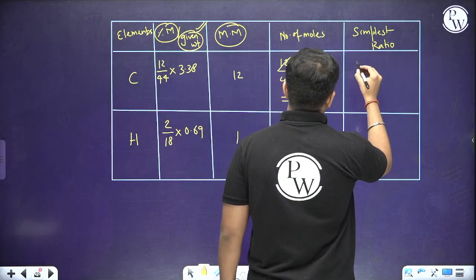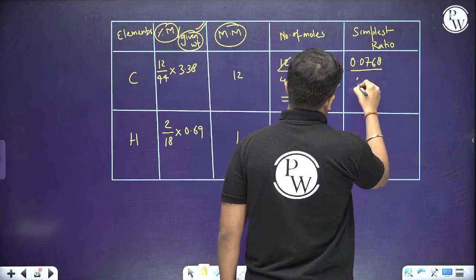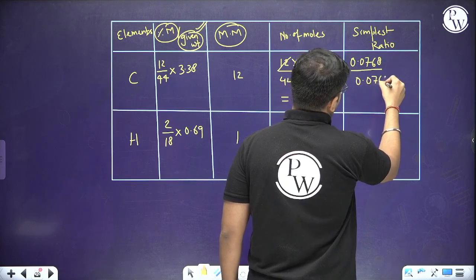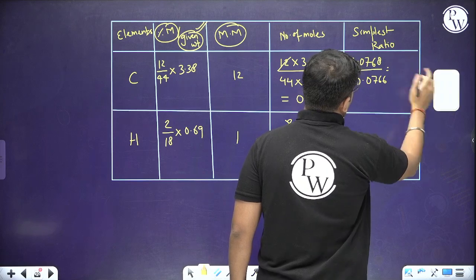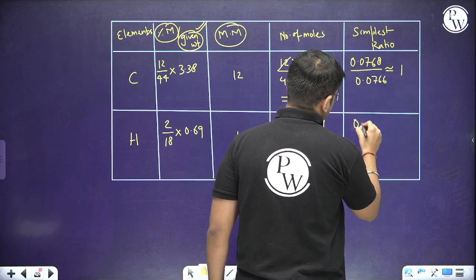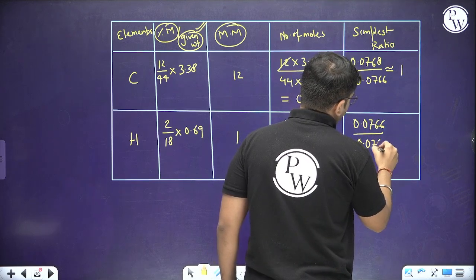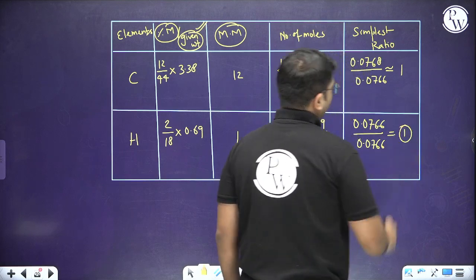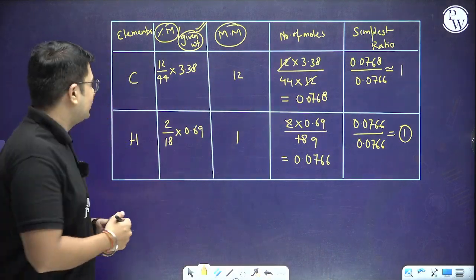So I can say the simplest ratio is 0.0768 divided by 0.0766, which will be approximately equal to 1, and this part is 0.0766 divided by 0.0766, that will be exactly equal to 1. So we know that the ratio is already the simplest whole number ratio.